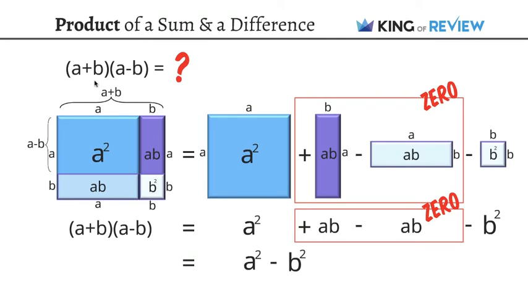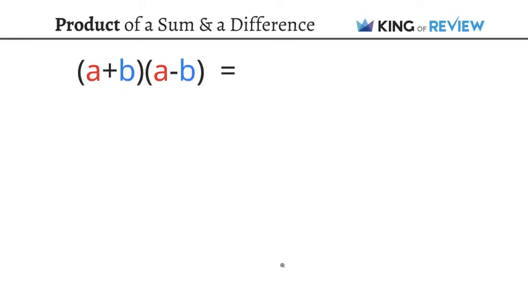From the product of a sum and a difference, we got the difference of two squares, like here, right? So when you see this product of a sum and a difference, you can use the distributive property or the FOIL method to solve this, but don't waste your time.